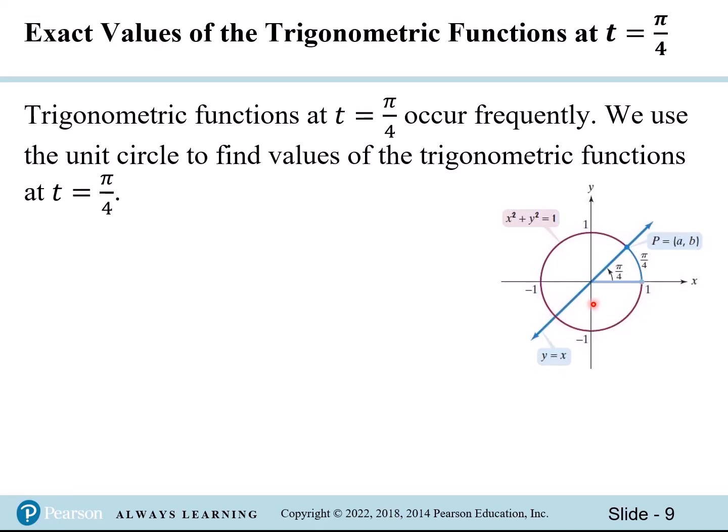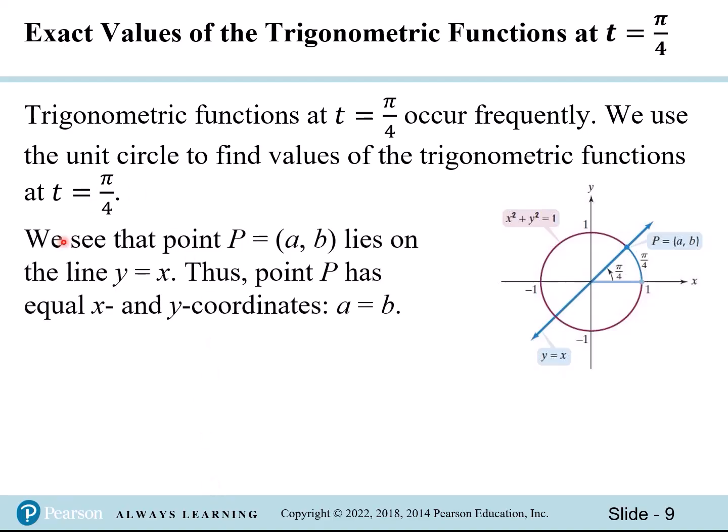So it says here, we see that point P, which is the point right here, lies on the line y equals x. Thus, point P has equal x and y coordinates, right? If y is the same as x as defined by the equation of the line, that means x and y are the same values. So we find these coordinates as follows.